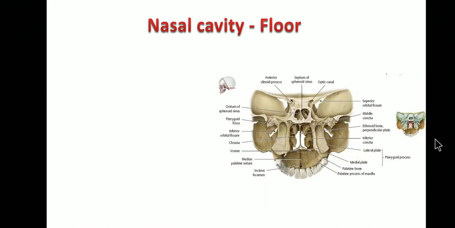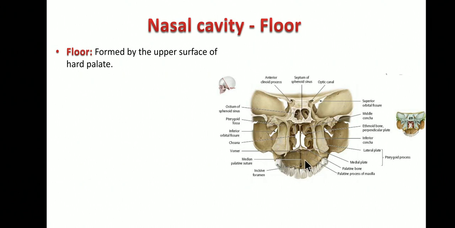So now coming to the floor of the nasal cavity, which is mainly formed by the upper surface of the hard palate. You know the bones forming the hard palate, which we just saw in the previous lecture.